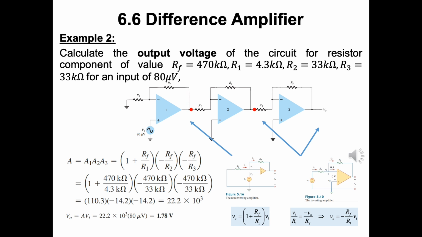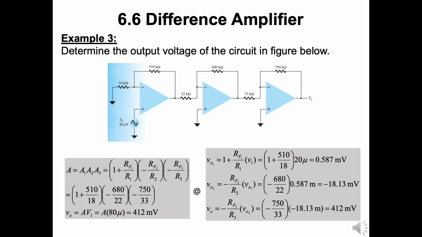As we insert all the values of the resistors, we will have A equal to 22.2 kilo. To find the output voltage, we can use the input voltage given in the question multiplied by the value of A here. Then we will have the output voltage equal to 1.78 volts.